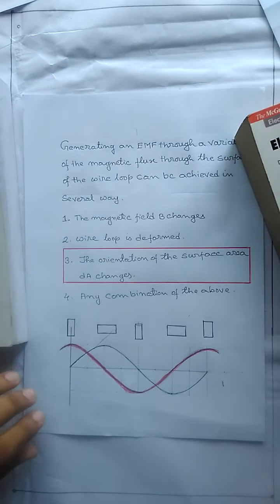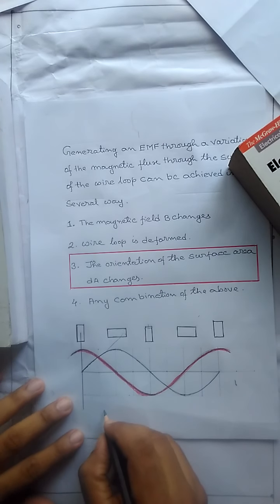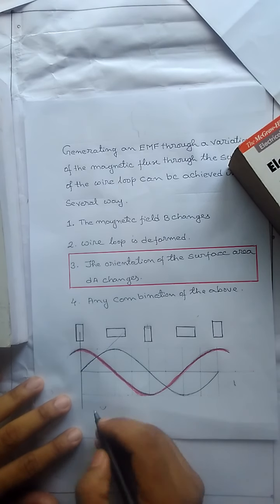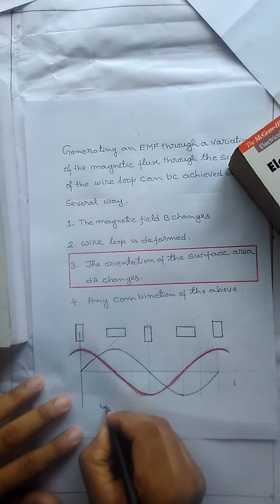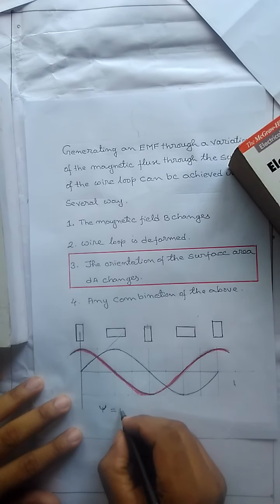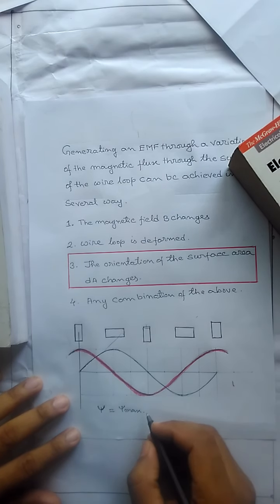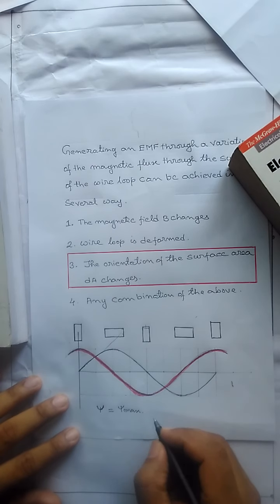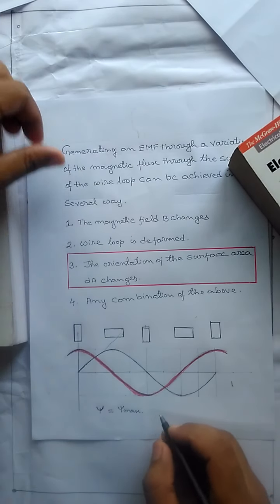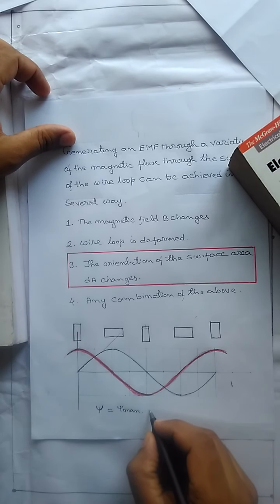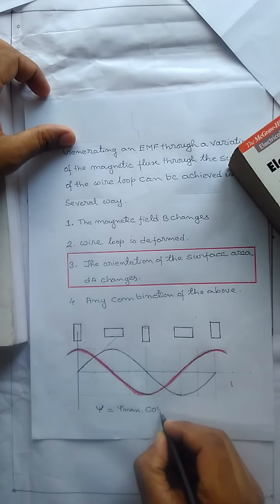So I can write this flux linkage psi as psi max, that is the maximum flux linkage, into, it's a sinusoidal function, I can write it as sine theta or cos theta. The way I have drawn this is cos theta.